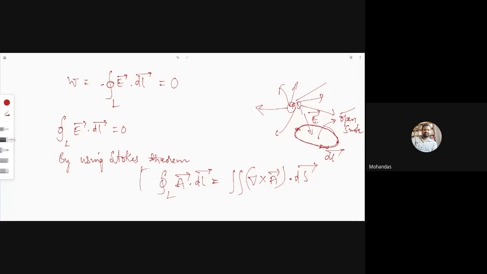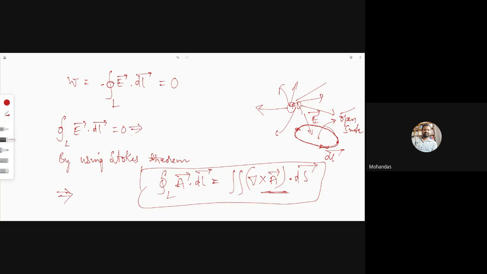This is Stokes theorem. By using this theorem we can convert a closed line integral into an open surface. We have already discussed this Stokes theorem.